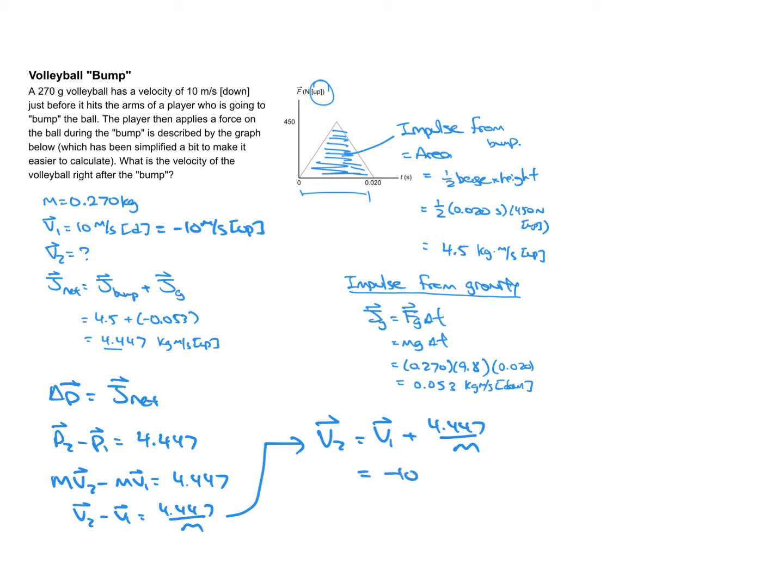This is negative 10 meters per second plus 4.447 over 0.27. Okay, let's figure out what that is. That will end up being positive 6.5.